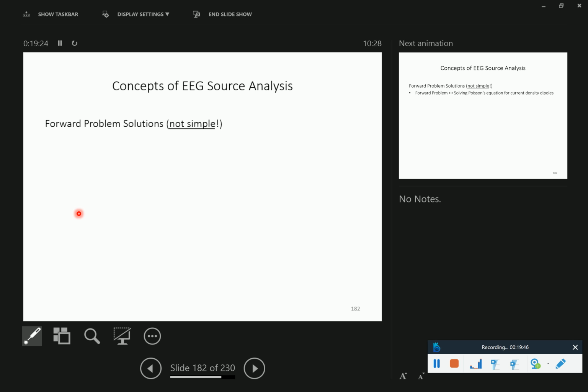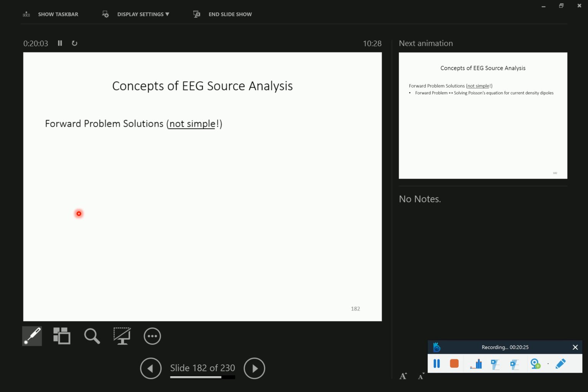In the EEG literature, this is somehow swept under the carpet, the problem of the forward problem, because usually the software solutions that are available have a standardized way to compute these forward problem solutions, and it's not much discussed, also because of its well-defined nature, it's not something that depends too much on user interaction, for example, deciding how many dipoles to use or what kind of constraint to use for source reconstruction.